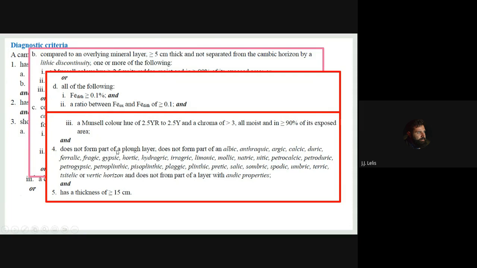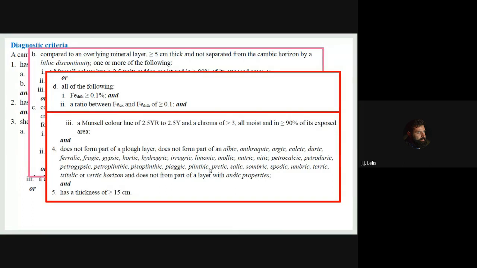So as I said, it shouldn't be related to a ferralic horizon or a spodic horizon or a plinthic horizon or a mollic horizon or a natric or a nitic or any one of these. So the cambic horizon is only present in soil profiles that do not possess a specific soil formation process, okay? And it has a thickness of at least 15 centimeters.